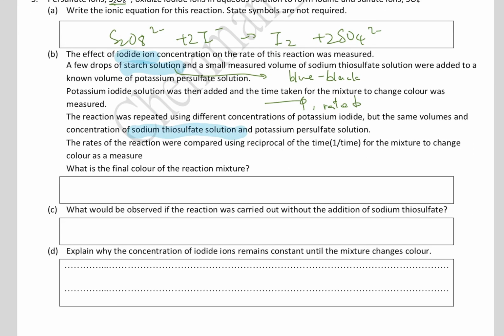Then in here, they haven't given you any information about sodium thiosulfate, I mean how it can react. Then they actually want you to know one thing: whenever you see thiosulfate, which is S2O3, it can react with I2 and then form I minus and also S4O6.